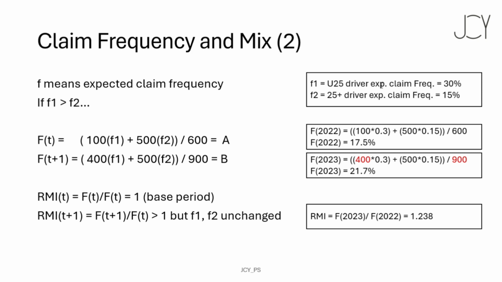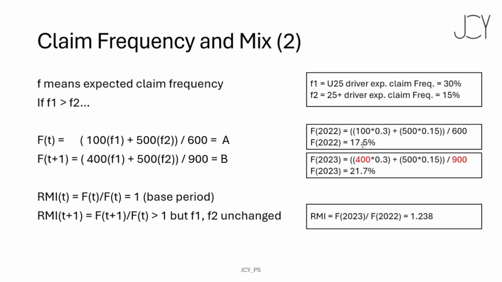Here we can tell that under 25s are more risky than 25 plus in terms of probability of making a claim. In fact, in this example, under 25s are twice as likely to make a claim than 25 plus year olds.